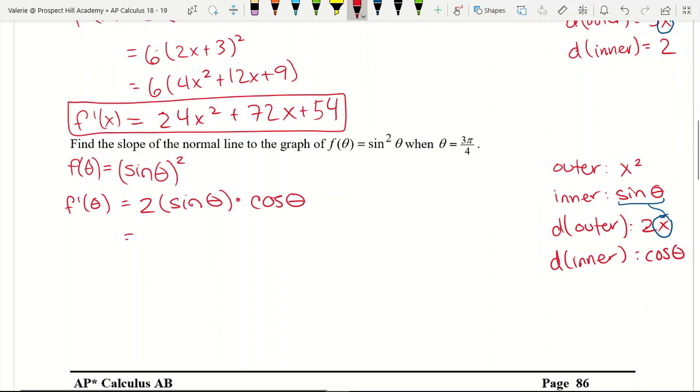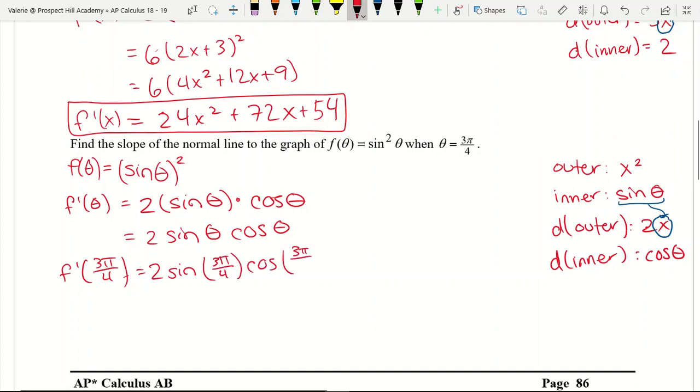So we'll have 2 sine theta cosine theta. And we want the derivative at 3 pi over 4. We'll put that in for theta. So 2 sine 3 pi over 4 cosine 3 pi over 4, which is 2 times root 2 over 2 times negative root 2 over 2.